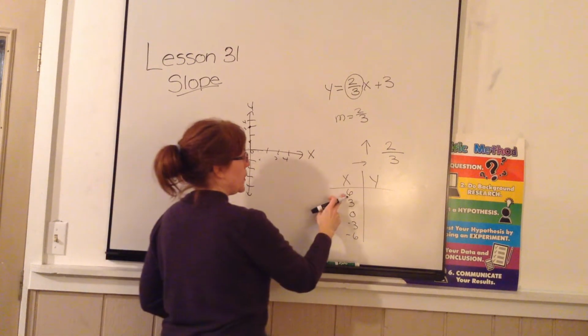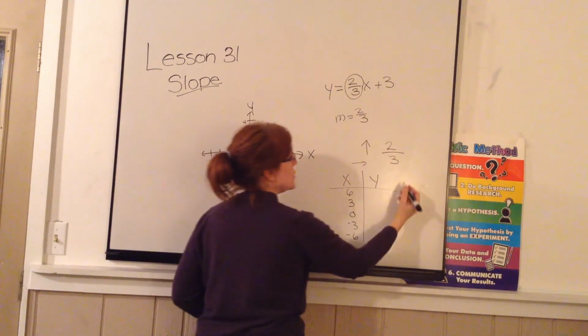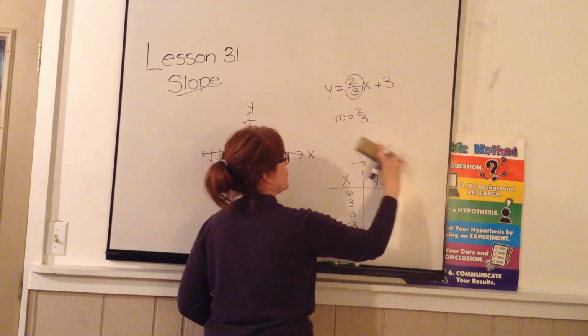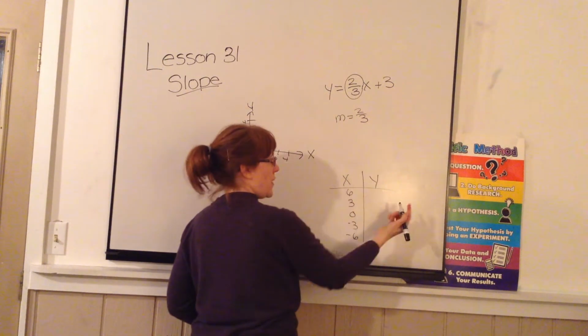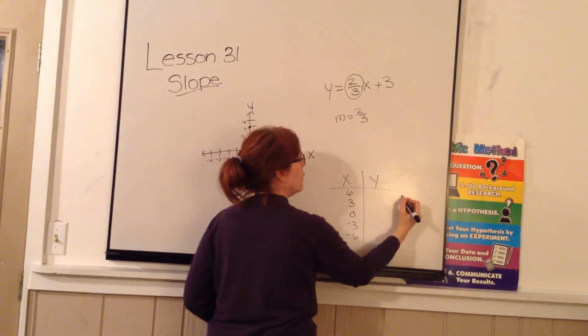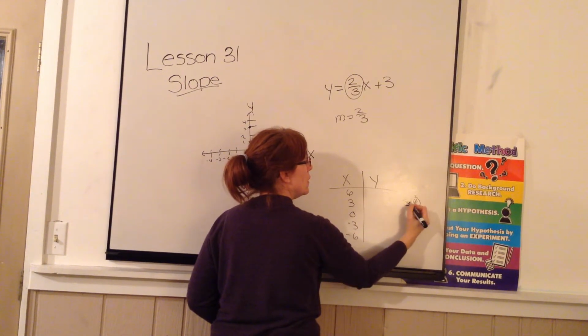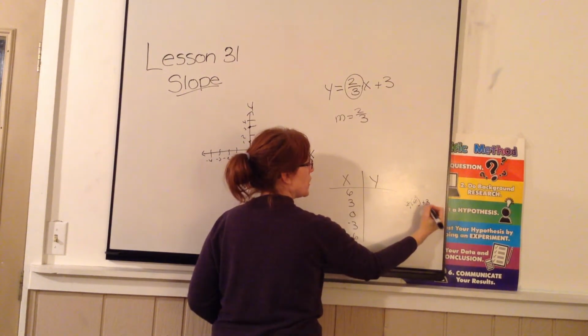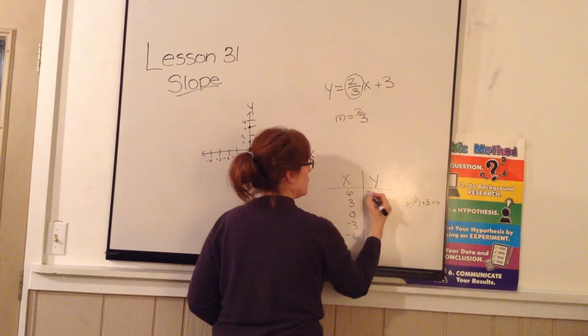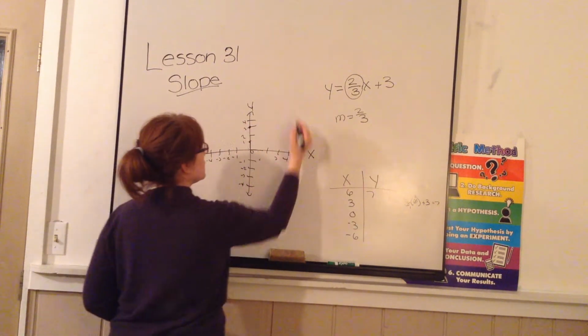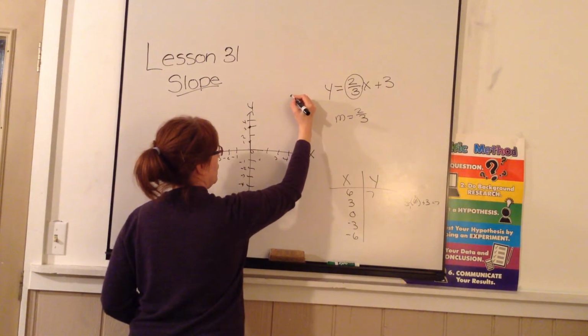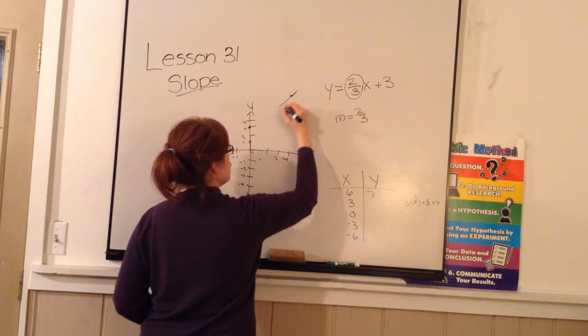So my first one would be 6. So if I do, let me erase this so I have a little bit more space here. So if I do 2/3 times 6 plus 3, that's going to give me 7. Okay, so I have 6, 7, so that's going to be up here.